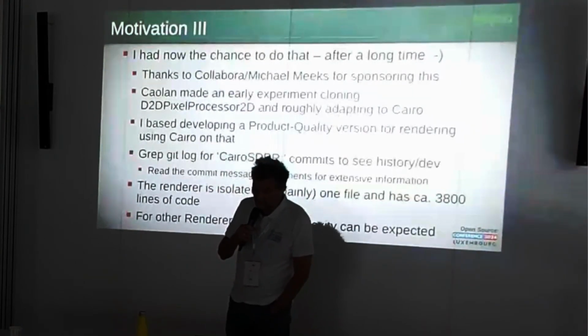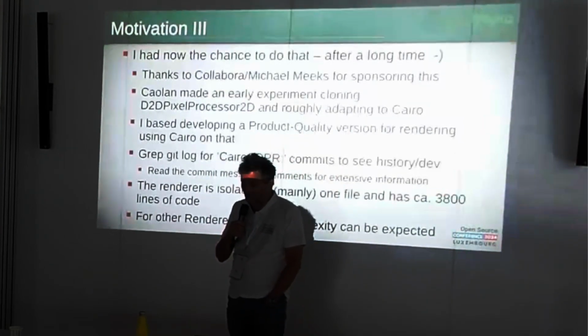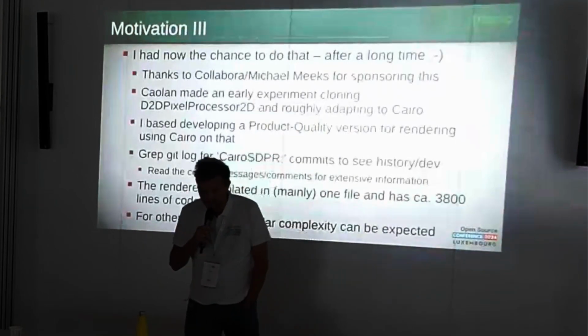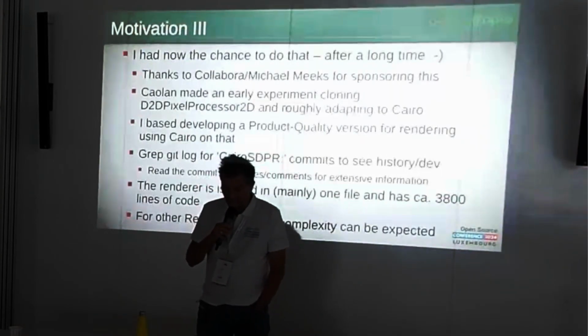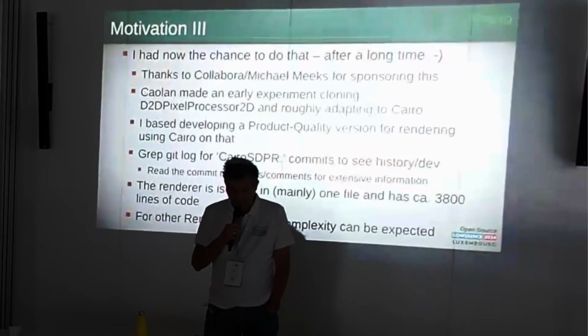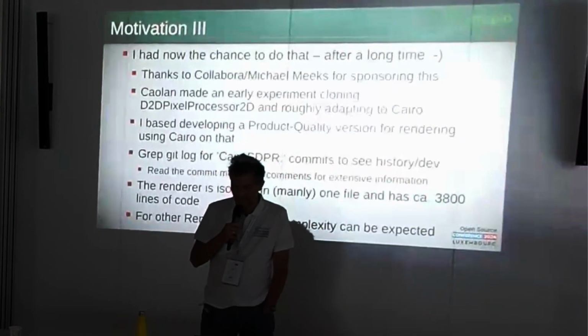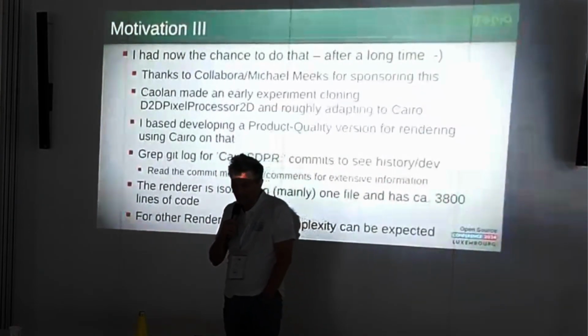But the main reason is indeed not to have a big file, but to have just one file, which is system dependent. Theoretically, this is the only file which would need to be linked against Cairo if we wouldn't have other Cairo usages. So maybe in the future we get to something like that, but that's not sure. We have to discuss how to continue.